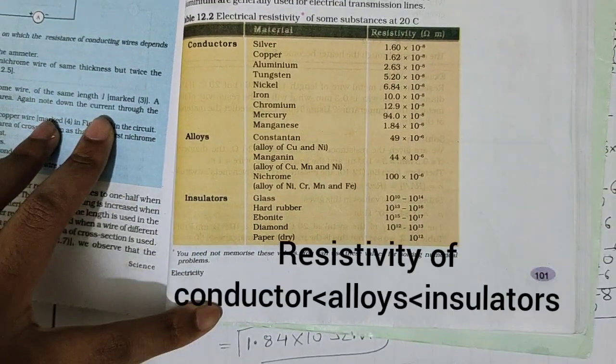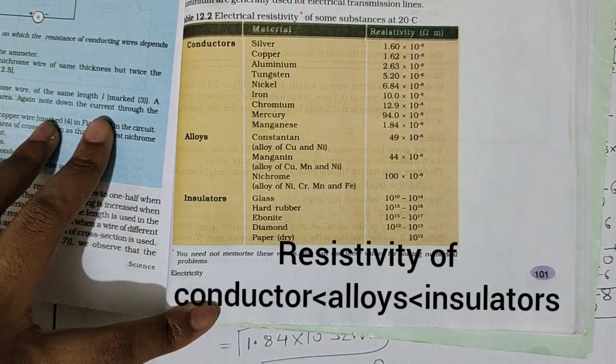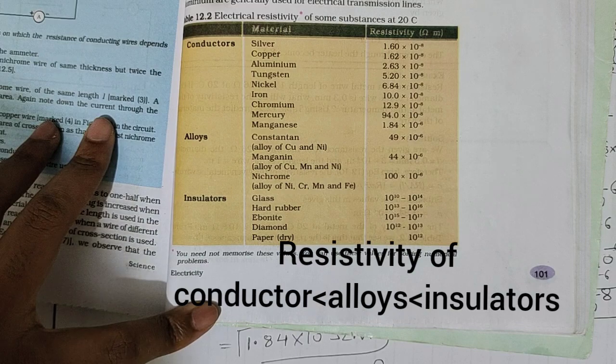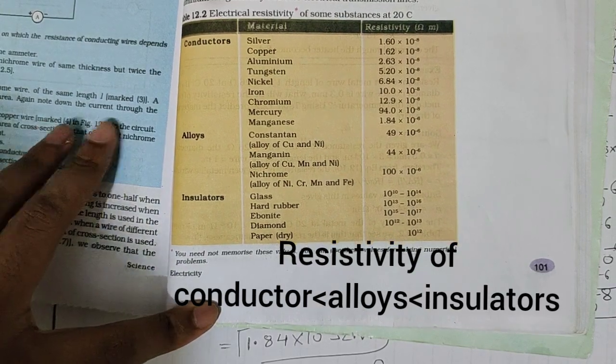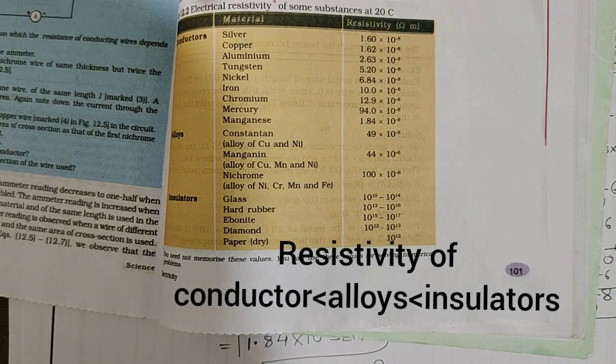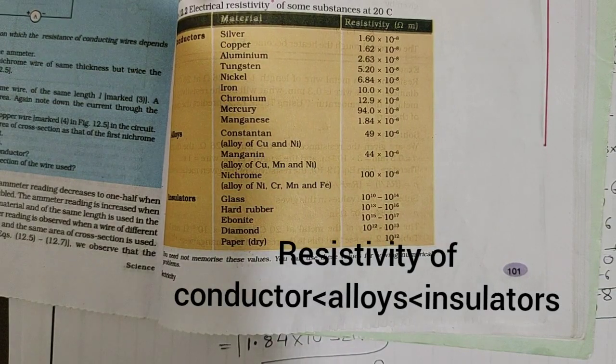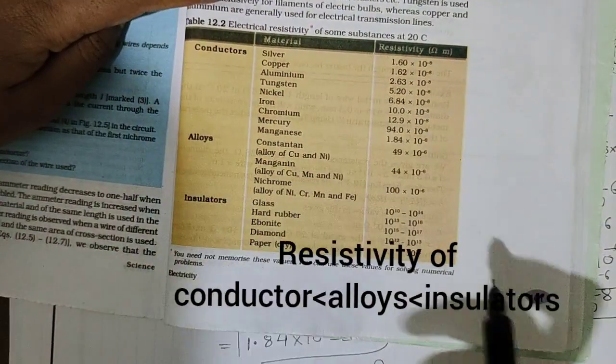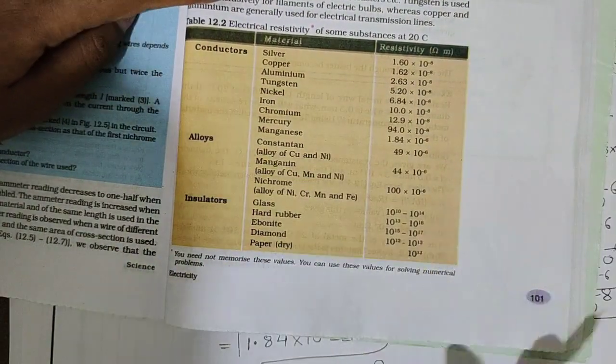And there is one point. This is resistivity, right? So resistivity of conductor will be less than alloy, and this will be less than insulators. Now what can I tell? Resistivity will be more for the insulator, then alloy, then conductor. Based on this, they are given here. Just by looking at the terms, you can easily understand these values.